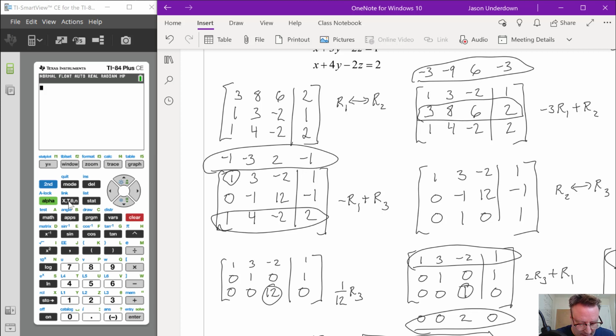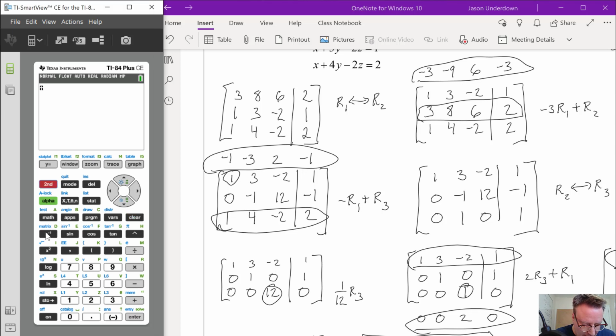So the way to do this is you go into the matrix menu by hitting the second function key and then the x to the -1 key, and I want to edit a matrix, so I'm going to cursor over to the edit mode.